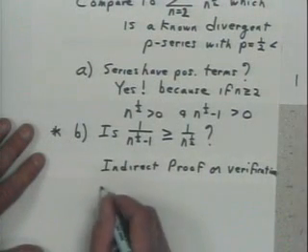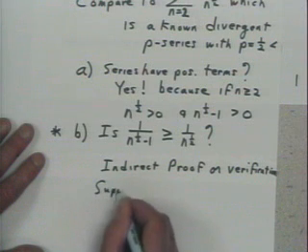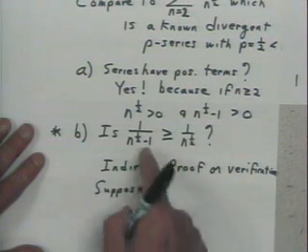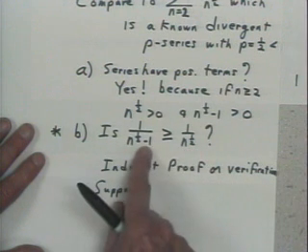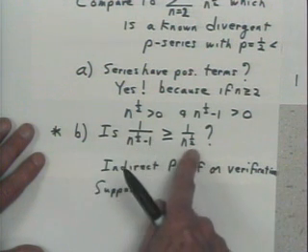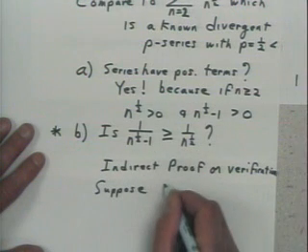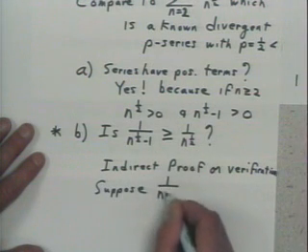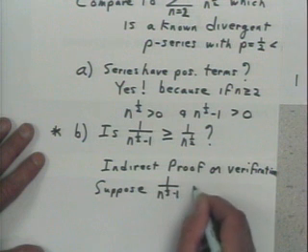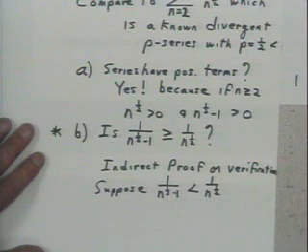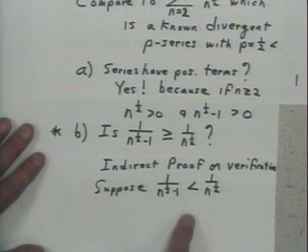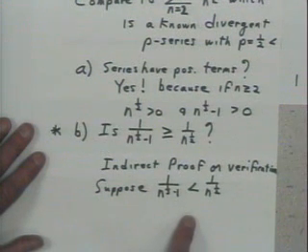In an indirect verification, you start by supposing the exact opposite of what you want. So you say, I want this to be greater than or equal to that. Well, let's just suppose for now that 1 over n to the 1/2 minus 1 was actually less than 1 over n to the 1/2. Now, we want this statement to be what?